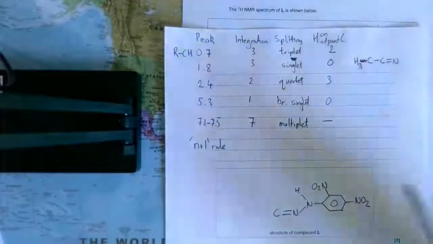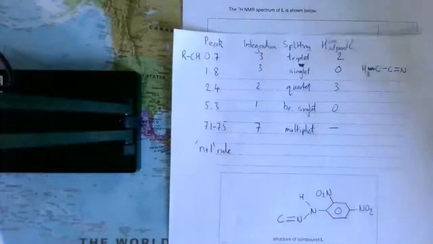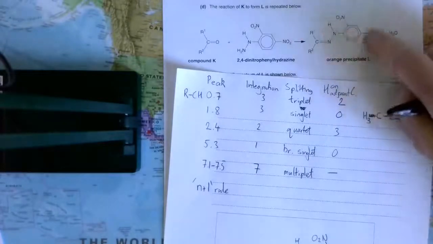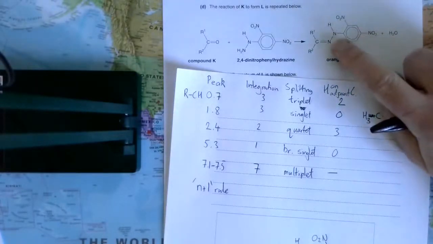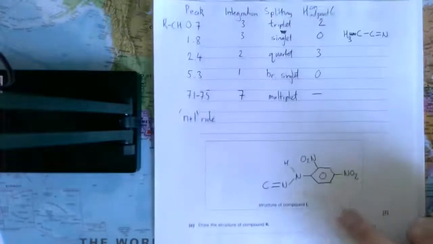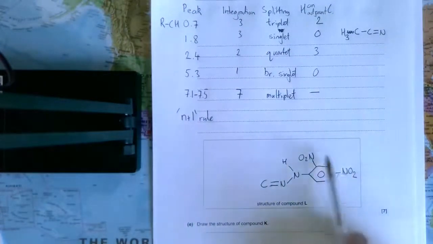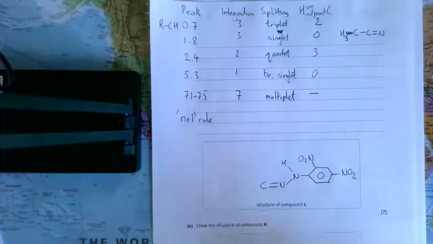So what you are ultimately being asked to do is to get the structure of compound L. I've taken the NO2s and the benzene and the nitrogens here and I've put them all straight on to my drawing here because all of this is known.